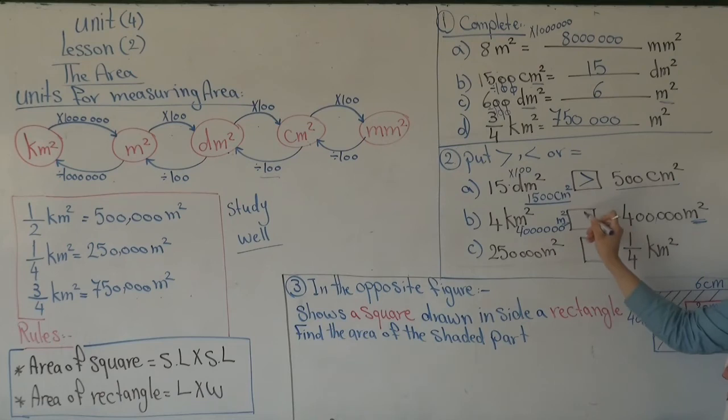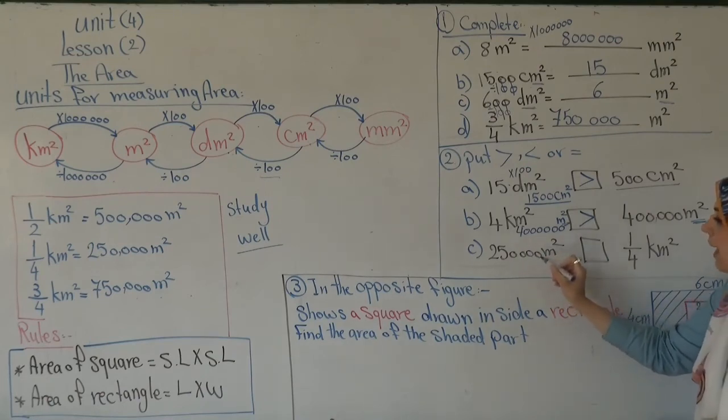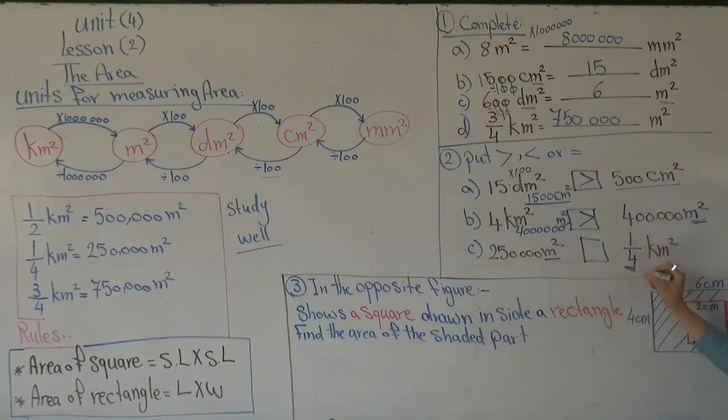It's also bigger than. Okay, look at C. 250,000 meter square, quarter kilometer square. Okay, I want to change this. Quarter kilometer square, I know it: 250,000 meter square. Here meter square and here meter square. I can compare now. It will be equal. This is the second question in this lesson.